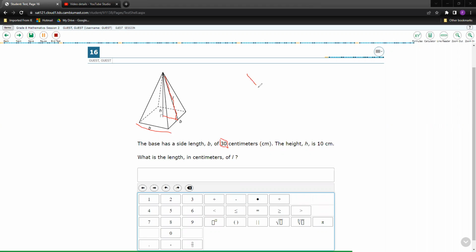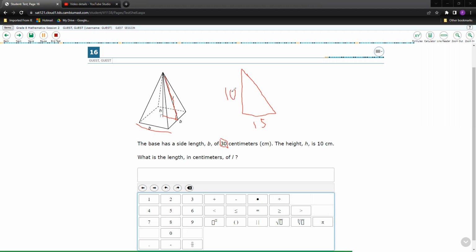So let me take out the triangle outside. And I know that this is only half of B, or 15, because I go to the center, I don't go right across. Then we have the height, which is 10.